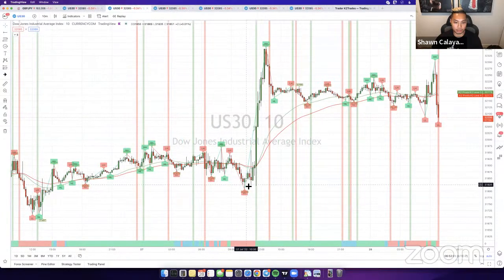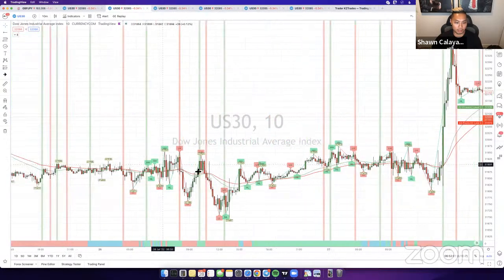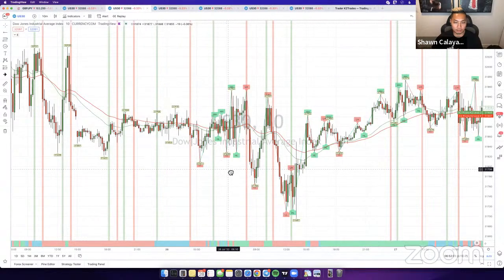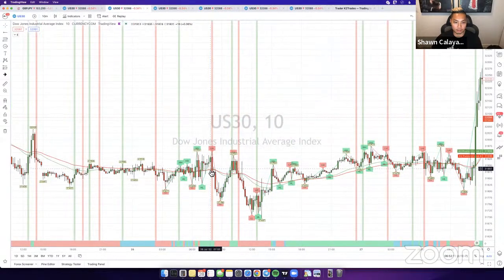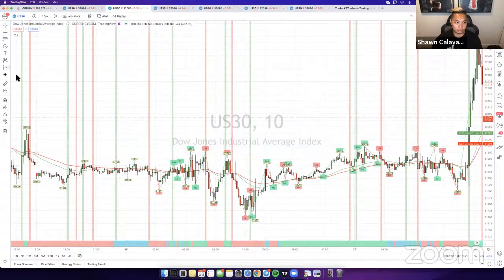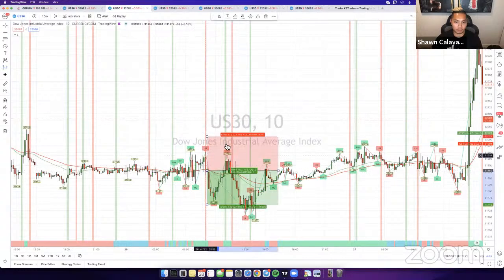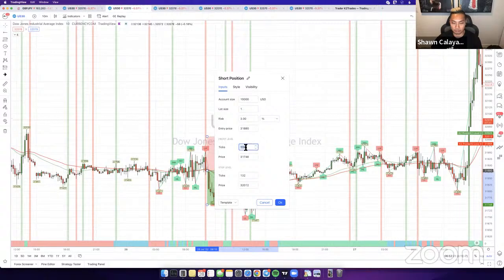So there was no entry here yesterday. The day before that, on the 26th, so this is the 26th right here. I think if you counter trend trade on the 10, you have to do it with a smaller TP because you're not really expecting to reverse that hard. This is the counter trend trade on the 26th, which was Tuesday.